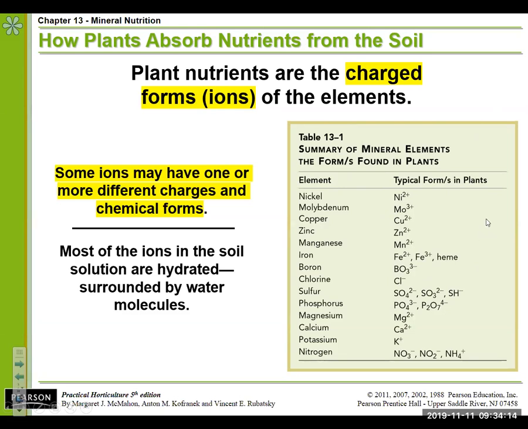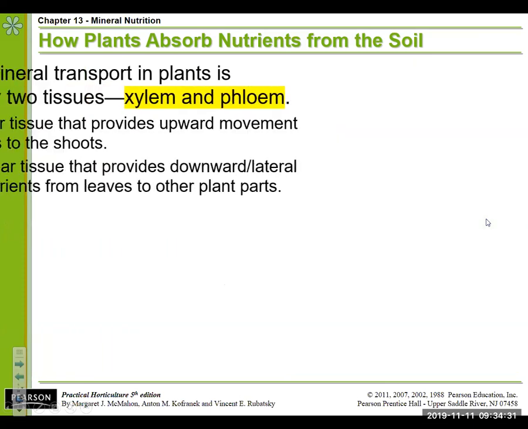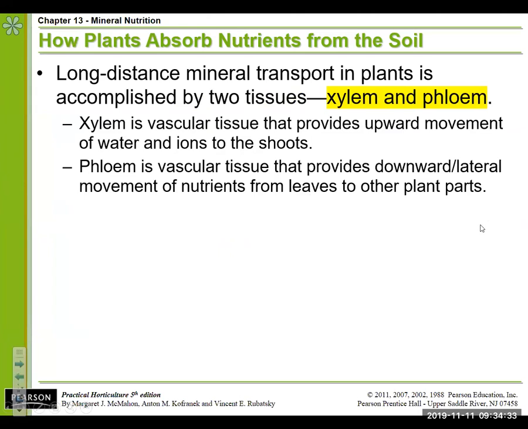And most of these ions in the soil are stuck to little particles in the soil, but then are actually absorbed into the water first, and then the water is absorbed by the plant, absorbing the nutrients. And once they are absorbed into the root system, they're moved through the two plant tissues, the xylem and the phloem.